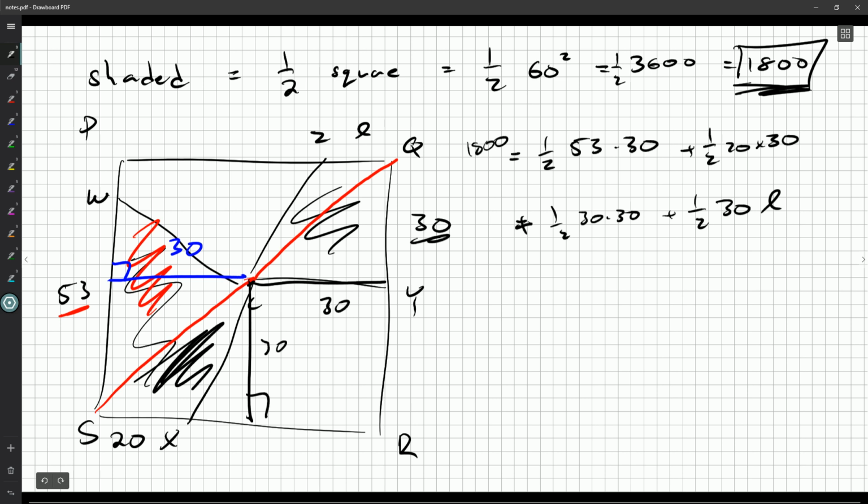Now, if we multiply everything by 2, we'll see we get 3,600. Get rid of these halves. Let's see, 20 times 30 is 600. 30 times 30 is 900.